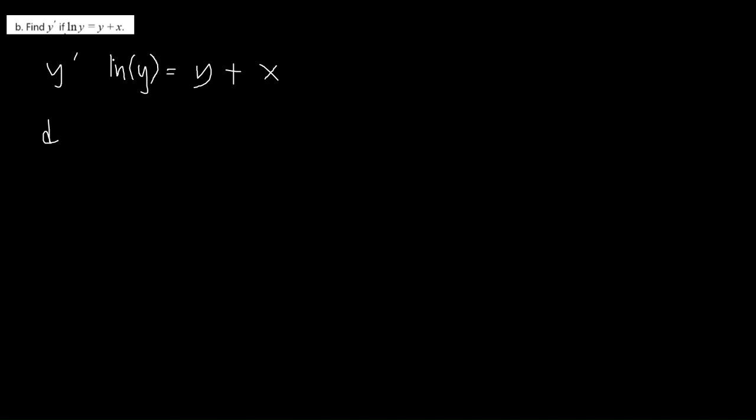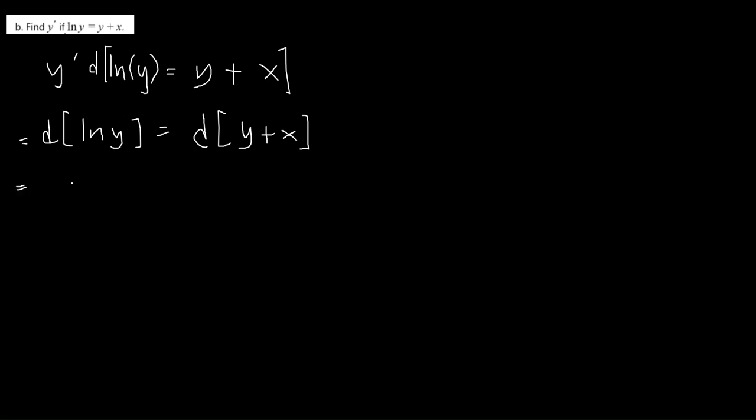Since we're not trying to find t here, it's not d over dt anymore, so we will use small d, and that will be d of ln y equals the derivative of y plus x. So again, we're just trying to find the derivative of this whole equation.